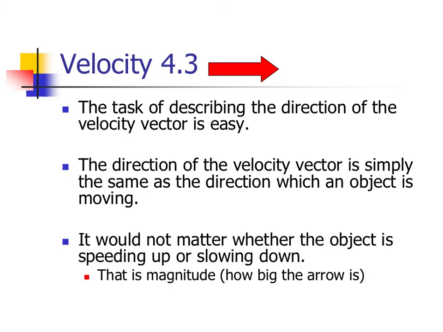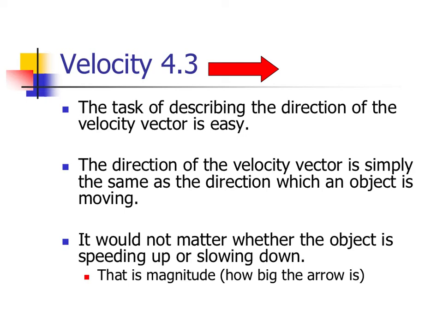So, sometimes the task of describing the direction can be easy. In some cases, it is the direction in which the object is moving. Sometimes it gives us a nice direction component to it, such as north, south, east, west.